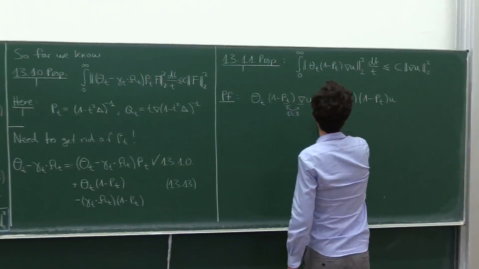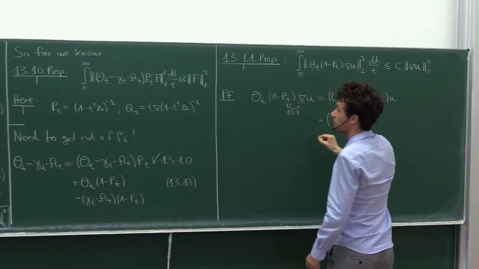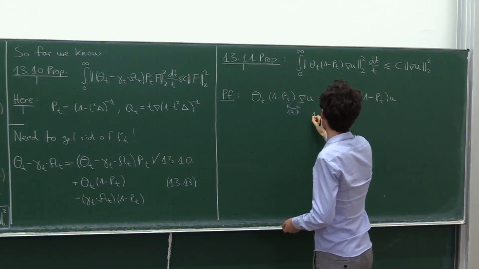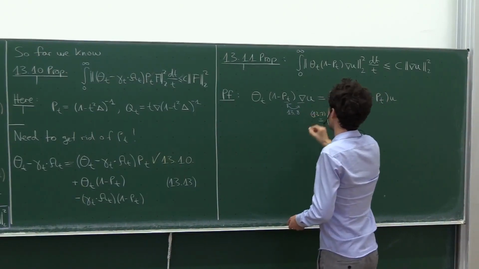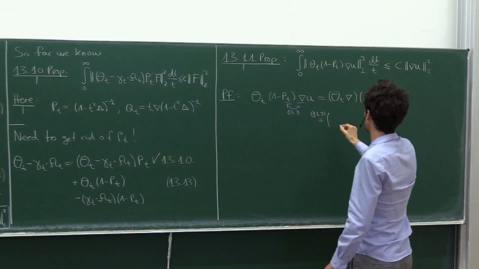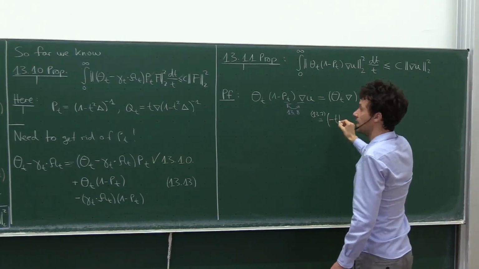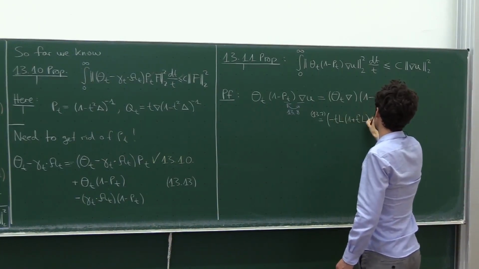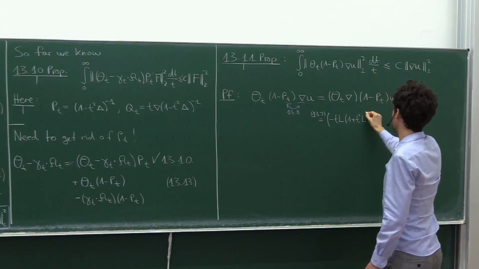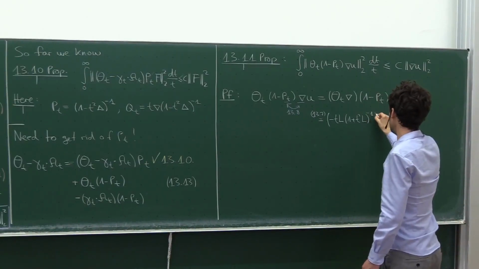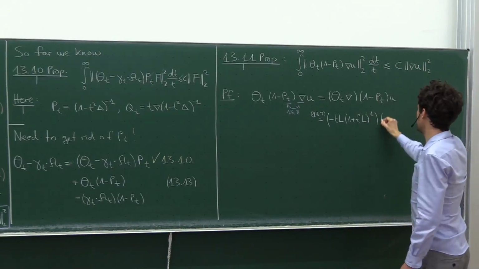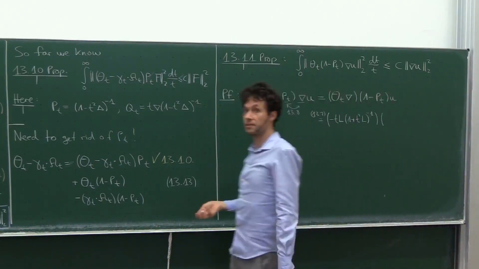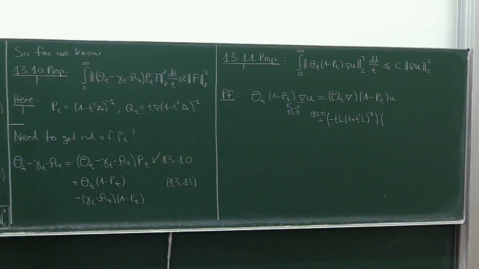By 13.2, this is going to give me minus tL (1 plus t squared L) to the minus 1, acting on, well, this is 1 minus the resolvent of the Laplacian, right?